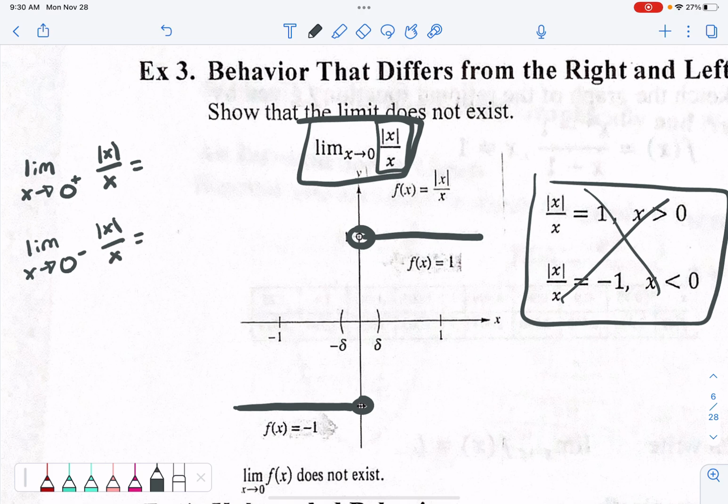We're going to do both of those, and then look at, in general, overall, what is the limit as x goes to 0. And this is where the Mean Girls thing comes into play, the limit does not exist thing. So show that the limit does not exist.